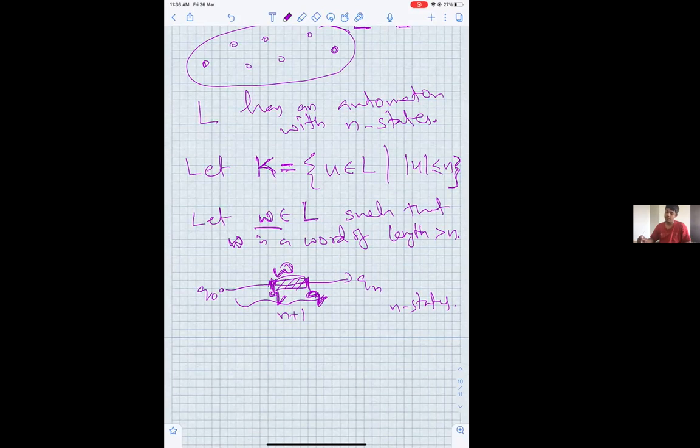So basically what I'm saying is that if I have a word of length greater than n, then I can actually get rid of the portion where the state is occurring twice. And if I chop it off, so yeah.